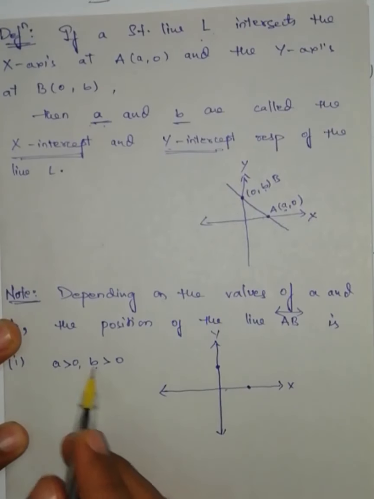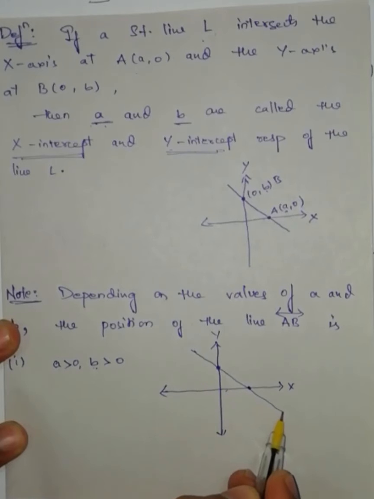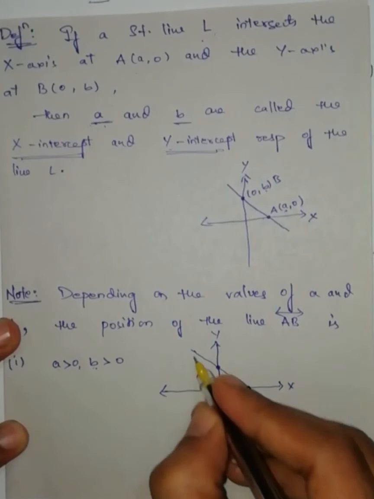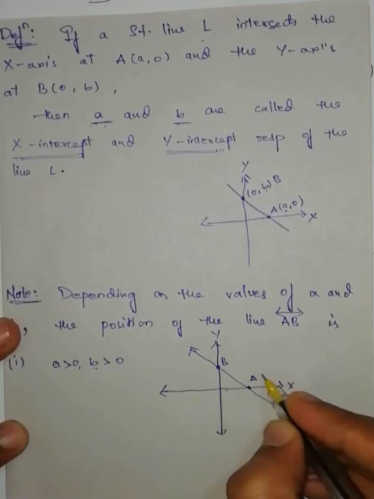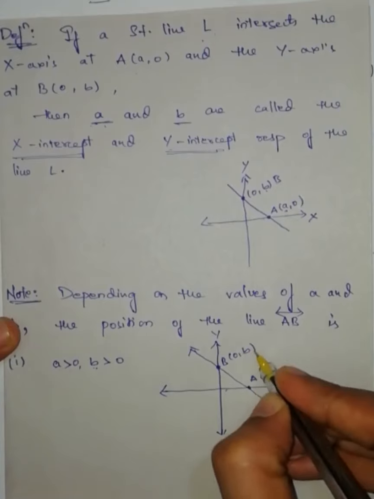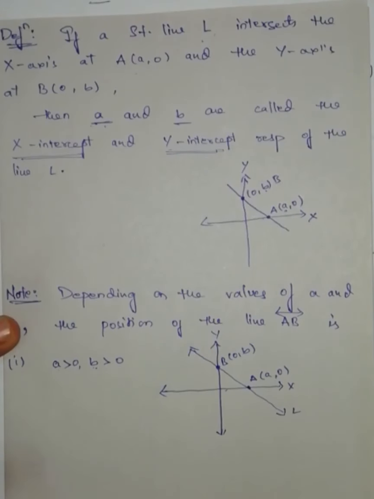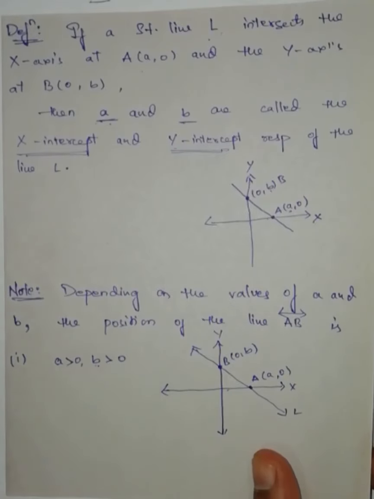If A and B both are positive, then the line is this one. This is A and this is B.